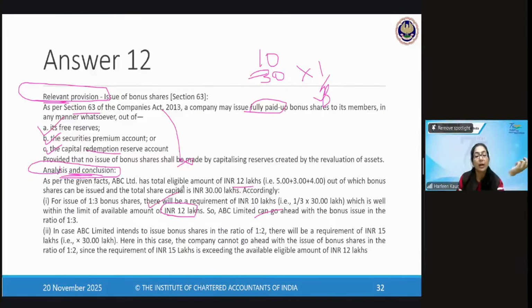So therefore, they can go ahead with the bonus issue of 1:3 because we have sufficient funds of 10 lakhs. But if they want to issue 1:2, then there will be a requirement of additional how many lakhs? 3 lakhs more, because you cannot go ahead. 15 lakh is exceeding the eligible amount of 12 lakhs.